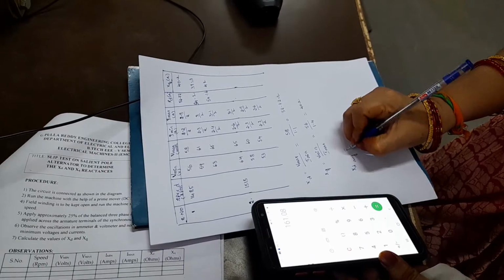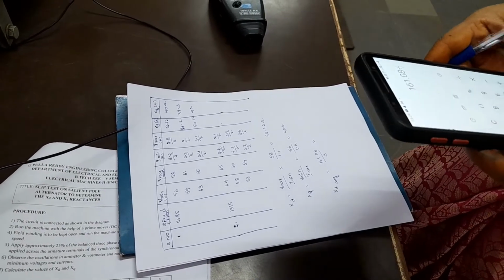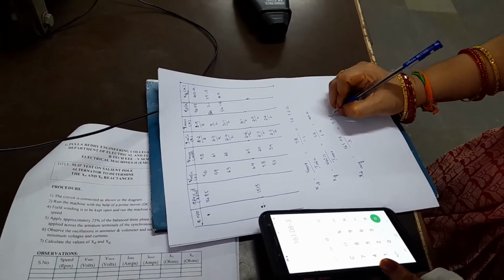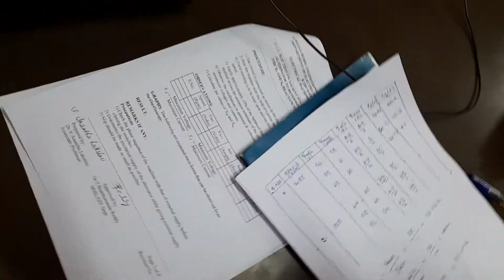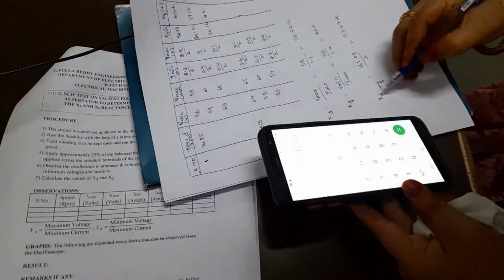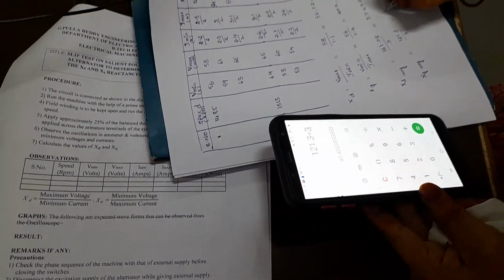So you can write Xd average, that value divided by 3 gives us something around 53.69 ohms, that is the Xd value. Similarly Xq value is 40.43 ohms.